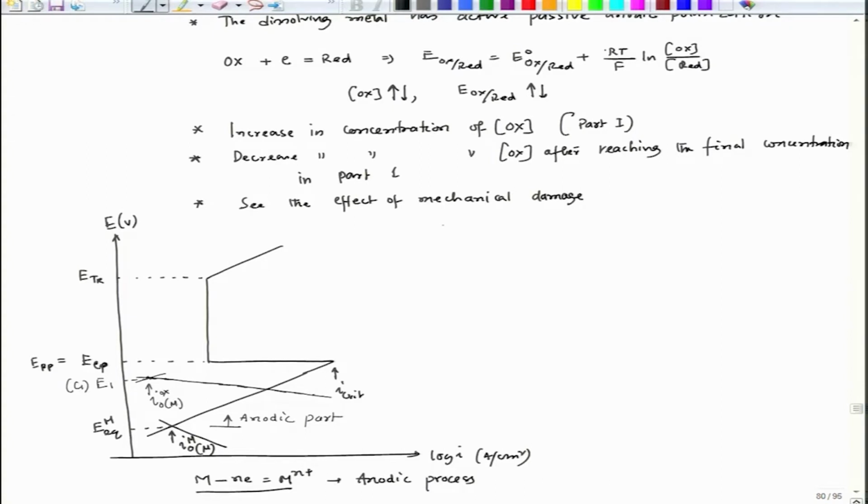Here we are considering that I0 of ox over metal surface remains constant for all the concentrations.